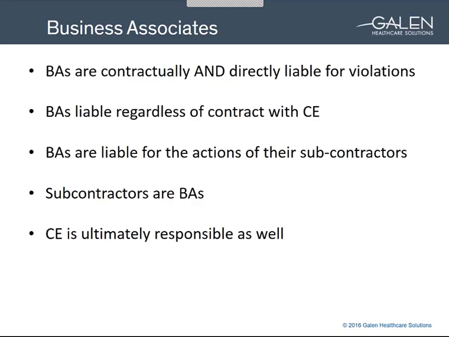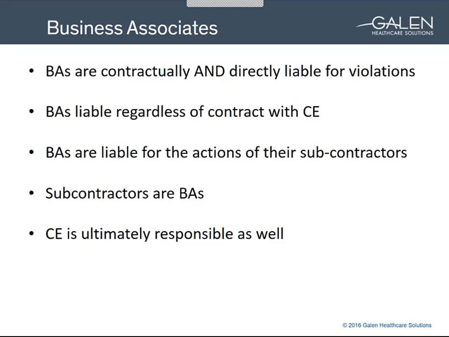And finally, the covered entity is typically ultimately responsible as well. So a key takeaway from all of this is that your choice of business associates and your vetting of business associates should be a significant factor in your risk assessments, and the business associate's ability to comply with the law should be a very significant portion of your evaluation of that business associate. We'll get into a little bit later on all of the ways that you can validate that those business associates are compliant and are able to comply.